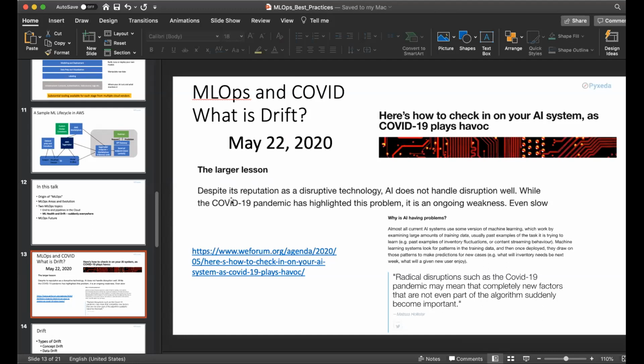But the presence of COVID-19 made drift something that almost anybody doing any kind of production ML suddenly saw. The reason was because COVID-19 and the consequent shelter-at-home practices and the changes to the economy and all of the things that happened pretty much just broke so many different machine learning models.